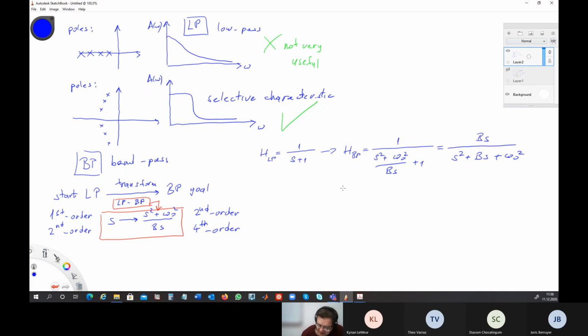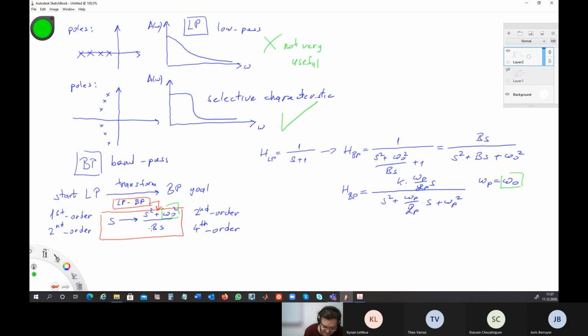And if we compare it with the general form, which is S square plus omega P over QP times S plus omega P square, K times omega P over QP S, we will have omega P equal to omega 0. Omega 0 is this one here.